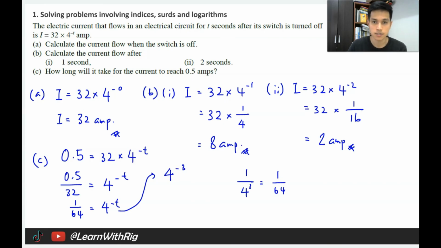This is under the indices chapter, so if you're not sure, please revise the indices part. So 4 power negative 3 equals 4 power negative t. In other words, t equals 3. They say t seconds, so this is 3 seconds.